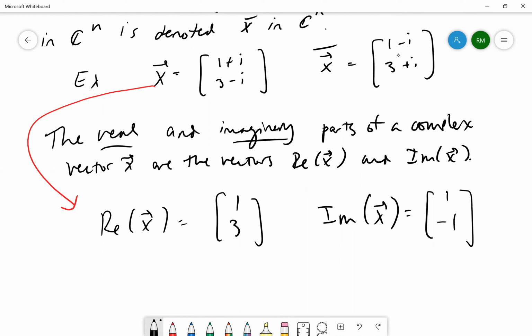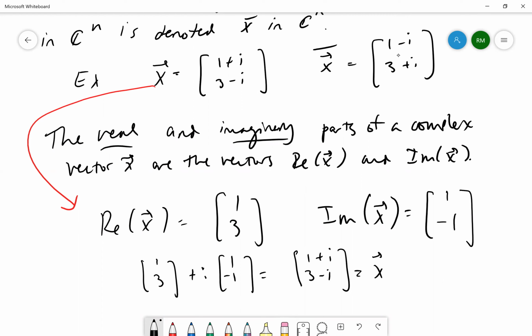Well, we notice that 1, 3 plus i times 1, negative 1 is 1 plus i, 3 minus i, which is our original vector x. So that's all the lingo that's involved here.